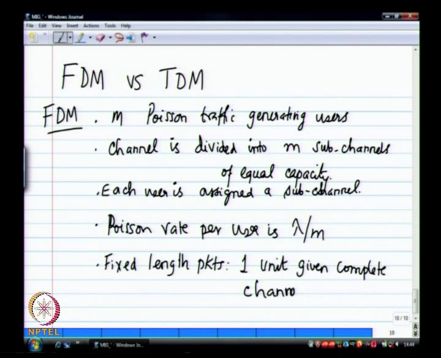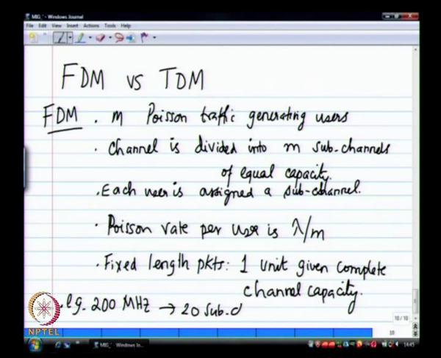That is my definition of a unit, the full 200 megahertz. So for the sake of an example, 200 megahertz is broken down into 20 channels of 10 megahertz each.